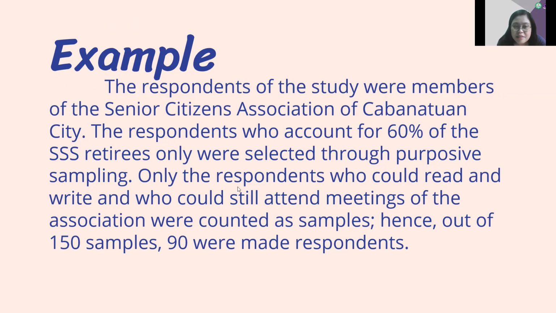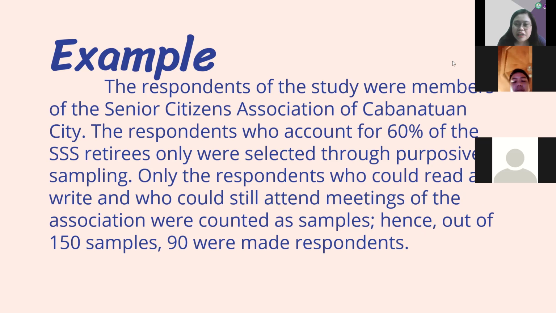We have other criteria, like only the respondents who could read and write and who could still attend meetings of the association were counted as samples. Hence, out of 150 samples, 90 were made respondents. So you have to narrow down the selection of your respondents. Again, we don't do population testing.